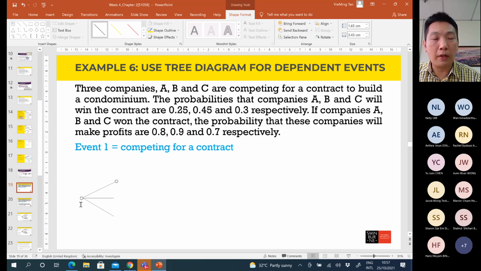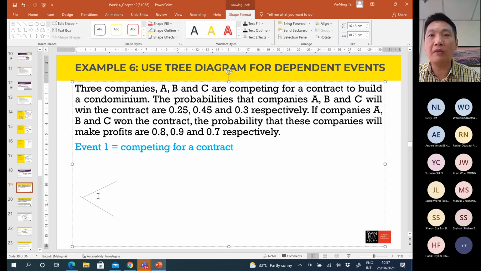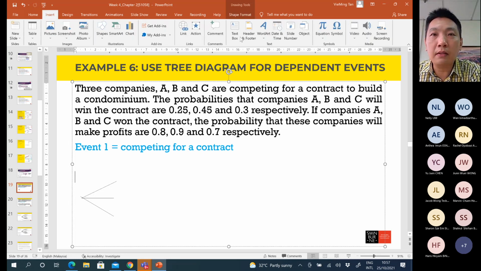So this branch is for company A to compete. This one is for company B. This is for company C. So I just do a draft only. Next, if you want, you can also put the text.